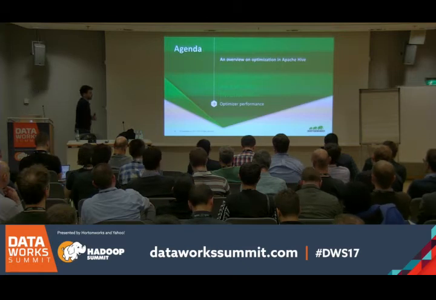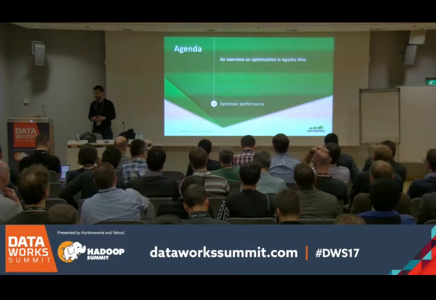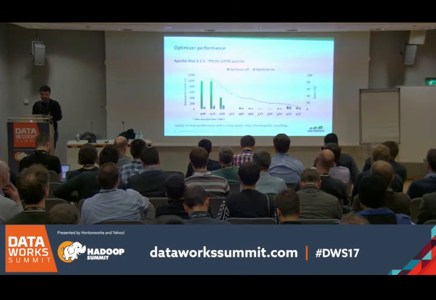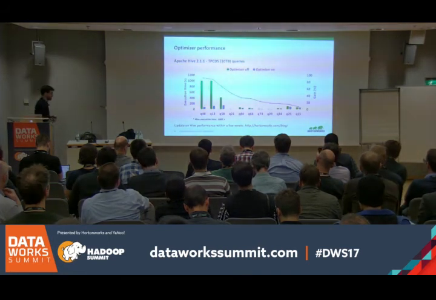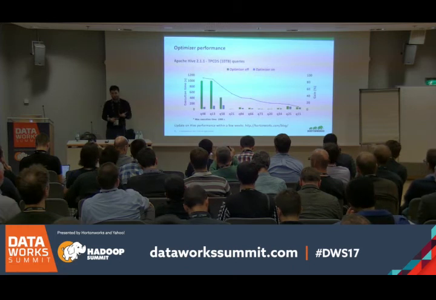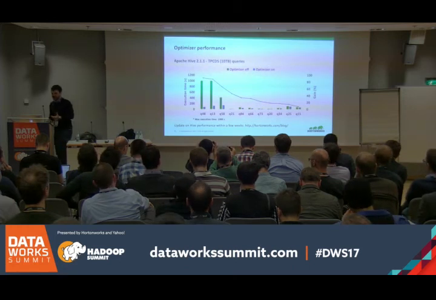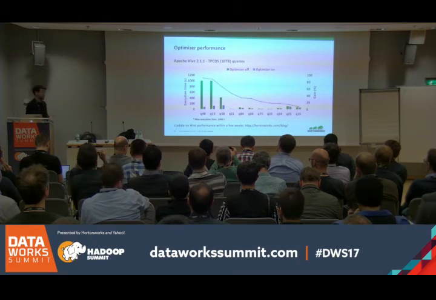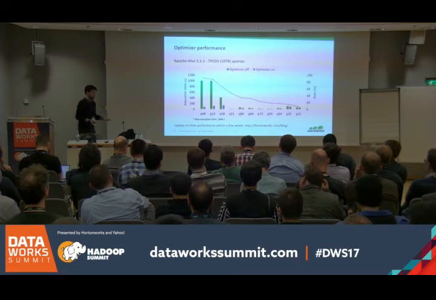Okay, optimizer performance. I'm going to do this very quickly. What I did yesterday was take the latest Apache Hive release and run some numbers, because obviously I knew that if I disable the optimizer, I was going to obtain much better results with the optimizer on.